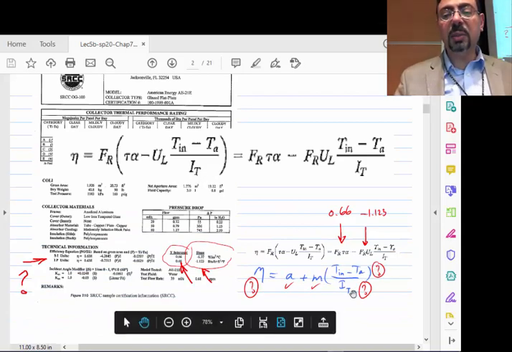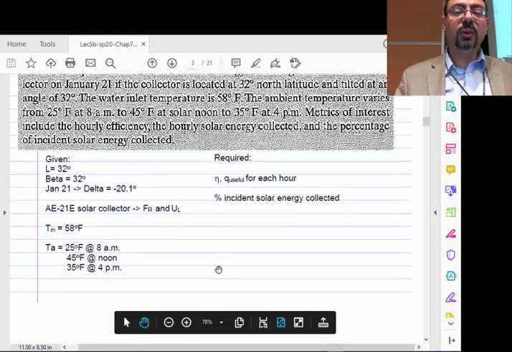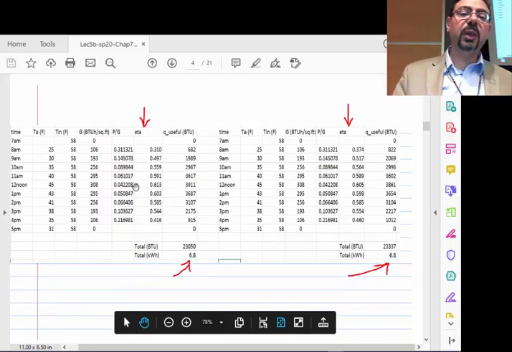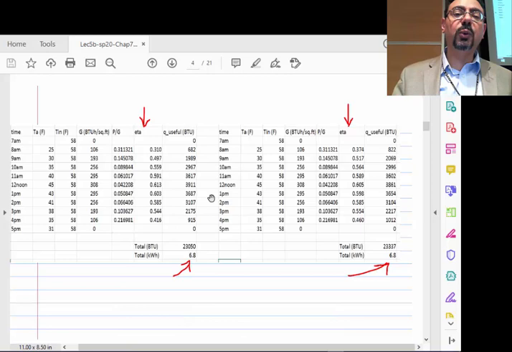All you have to do now is calculate the efficiency from the equation, and Q useful would be this efficiency multiplied by that radiation times the area of the collector. And this is done twice because I was doing it with two sets of equations.